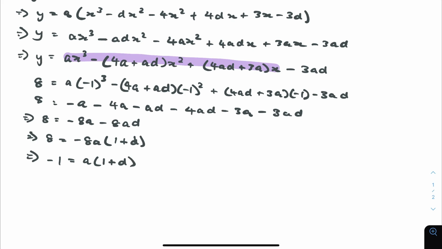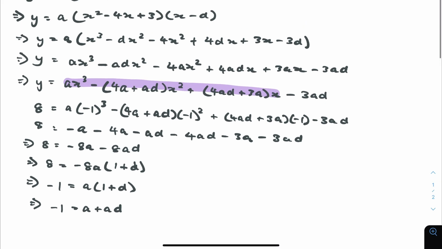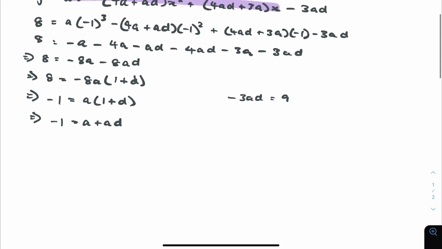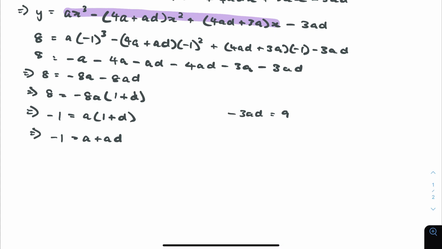We can go a step further, recognizing that in our other equation, -3ad equals 9, ad is in there. So why don't we find an expression for ad so we can substitute it in and solve the simultaneous equations? If we move the a to the other side, we have an expression for ad right here, and we can plug that right in.